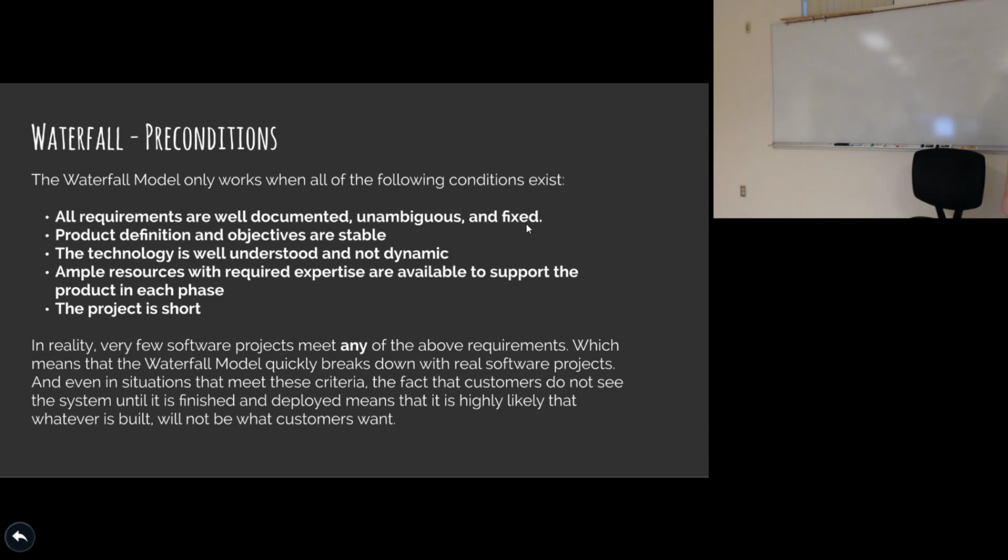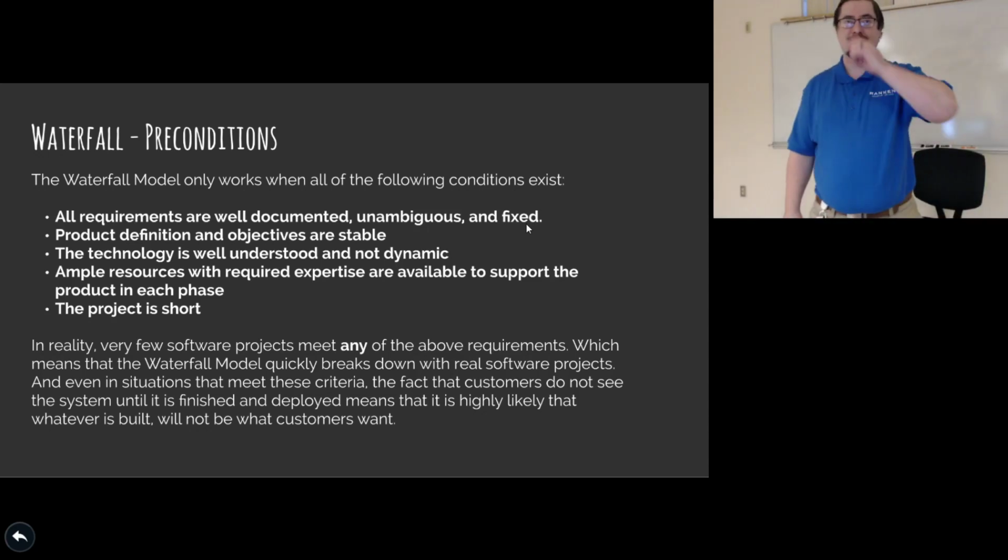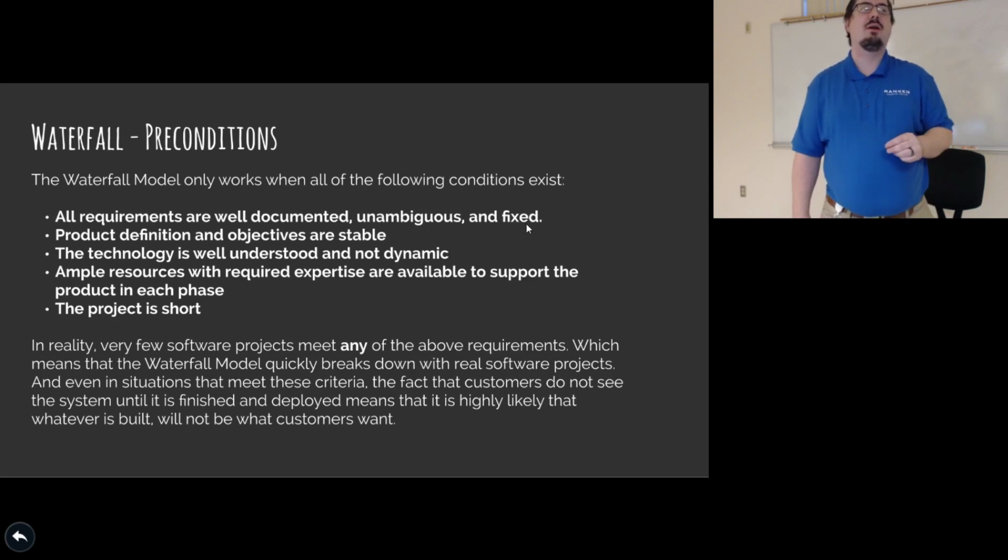Also, the other expectation for Waterfall: ample resources with required expertise are available to support the product in each phase. Okay, let's walk through that. Ample resources. Usually that means people, but that may also mean training.